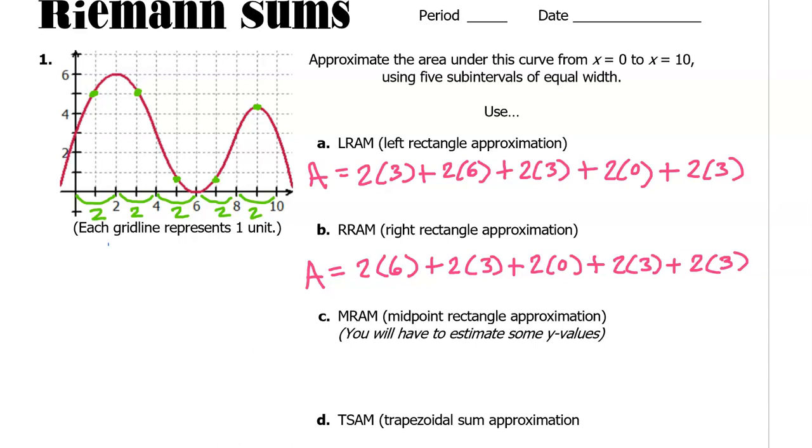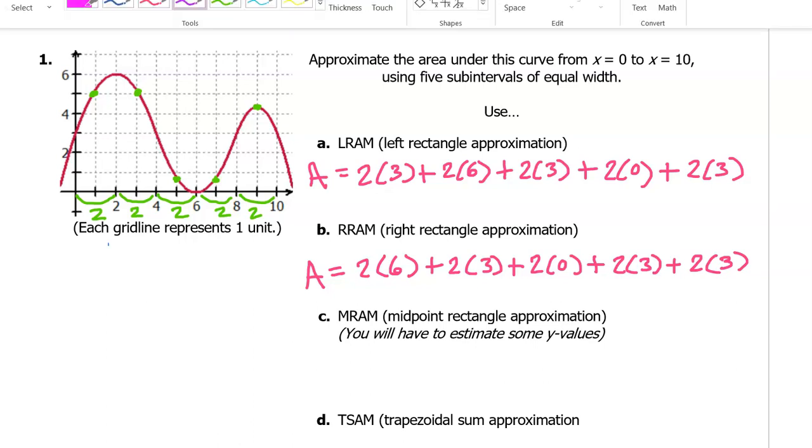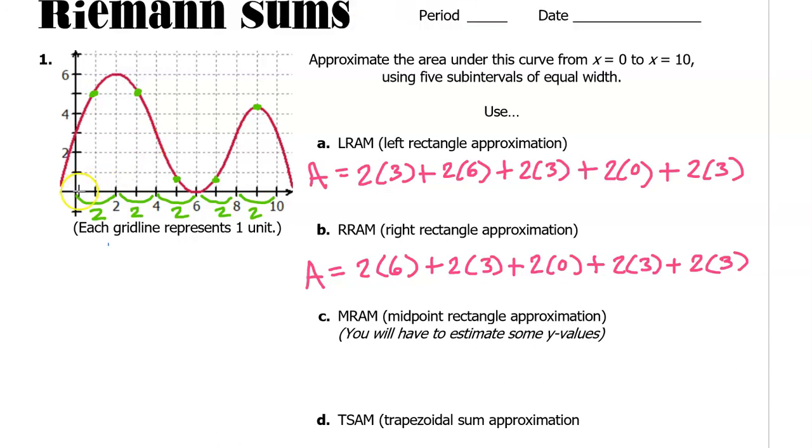So I'm going to draw my rectangles like I did for the previous problems, but now the height of each rectangle is going to be the value of the function at those midpoints. So here will be the height of my first rectangle, and here comes the height of my second rectangle.